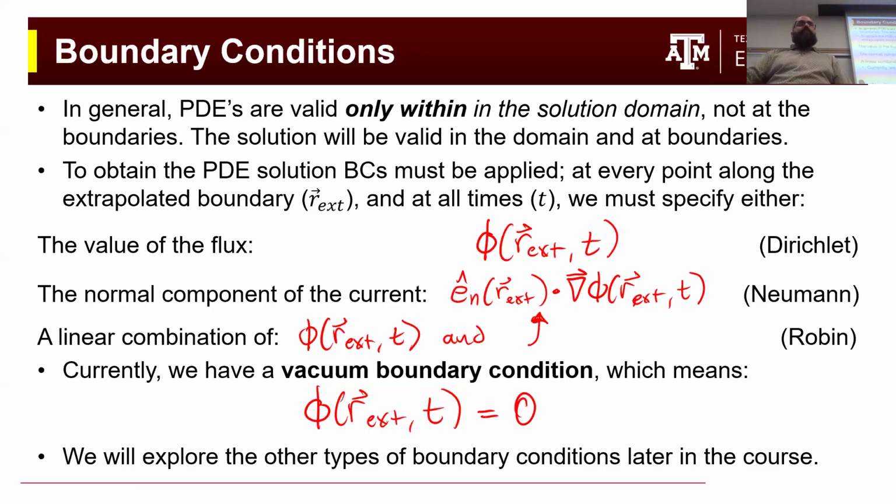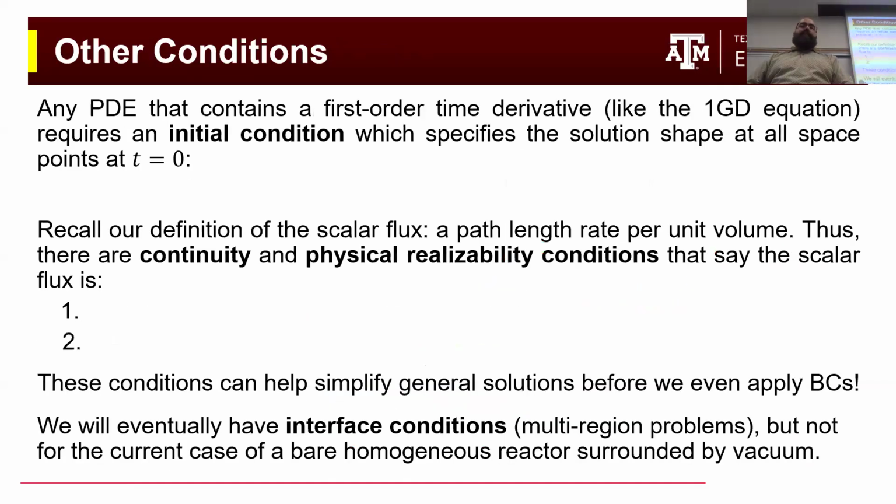The other kinds of conditions I need have to tell about how my population changes with time. So I need an initial condition in terms of what's happening with time. Because the PDE has a first order time derivative, I need to specify just one initial condition that says what my solution variable looks like at time zero.